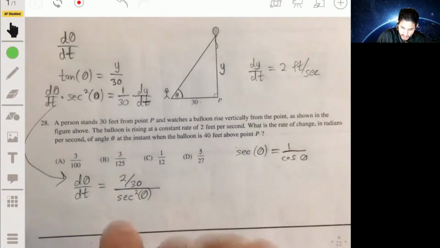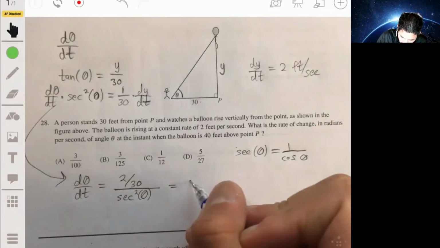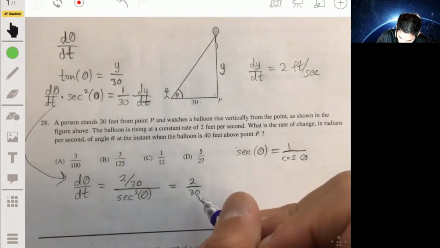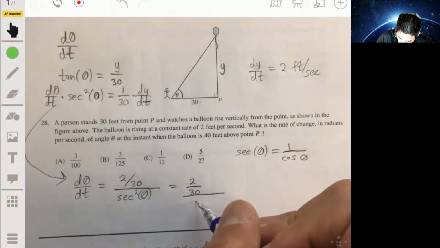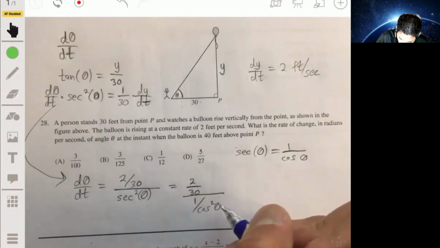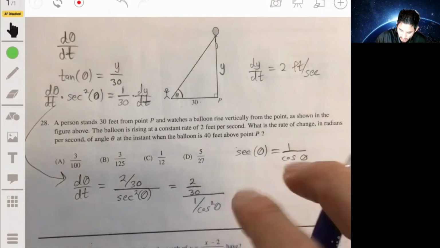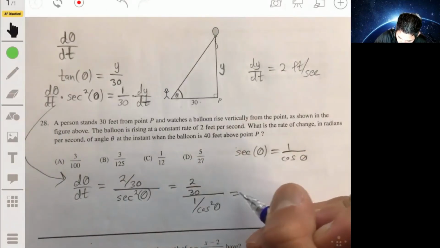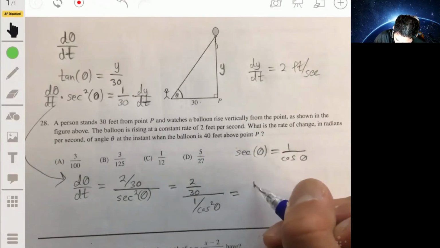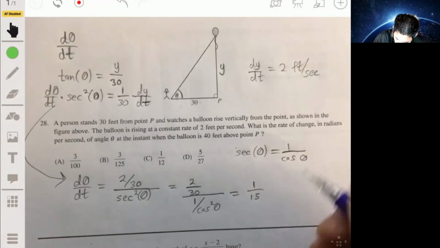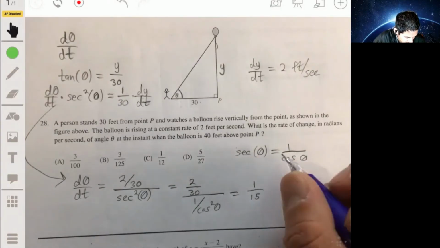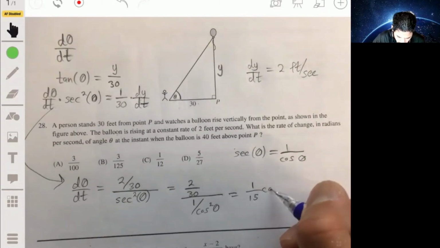So this will be the same as 2/30 over 1 over the cosine of theta. And you flip this, so it would be the same as 2/30, or 1/15, times the cosine squared of theta.